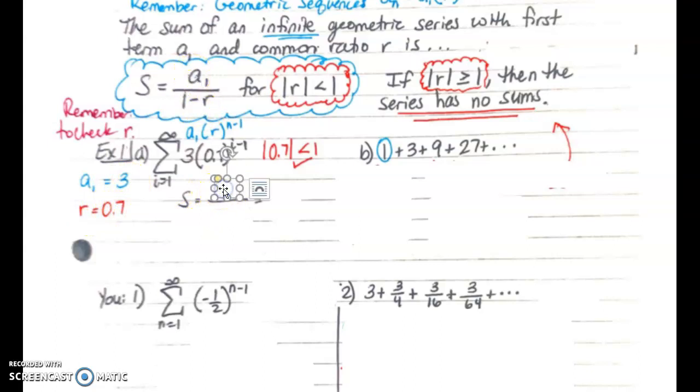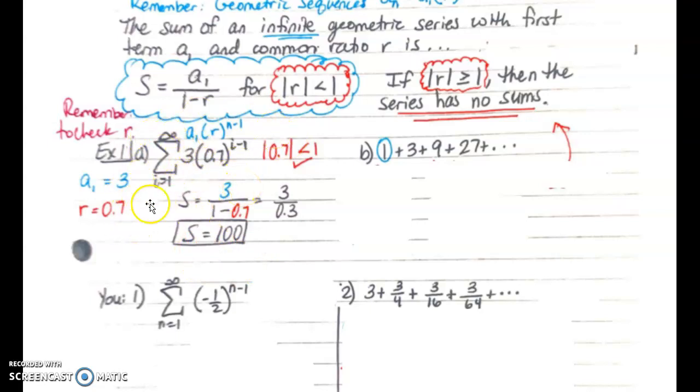Our a sub 1, which is 3, goes on top, and then we have 1 minus our r, which is 0.7. This simplifies to 3 divided by 0.3. That worked out nicely. Dividing that, we get that our sum is equal to 100. So all of this will eventually add up to 100. That's our sum for this geometric series as it approaches infinity.